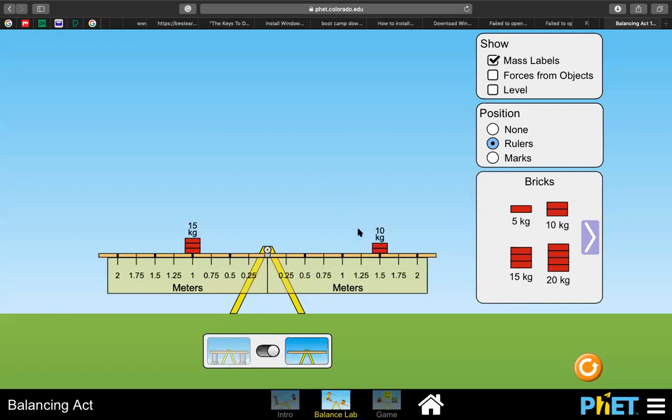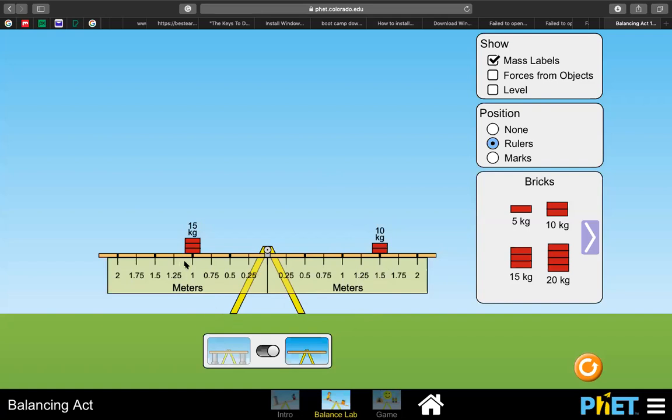We should ensure that the moment on this side is equal to the moment on this side. That's when they're going to balance out the entire system.